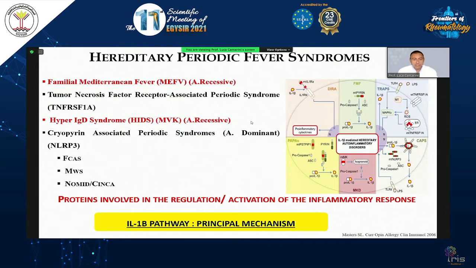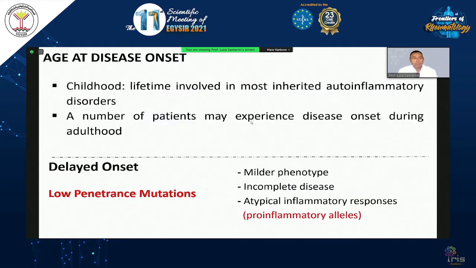All of these disorders are caused by mutations in genes which encode proteins known to be involved in the regulation or activation of the inflammatory response, and their final common pathway is represented by the activation of the interleukin-1 beta pathway.